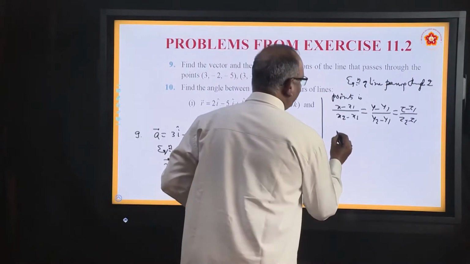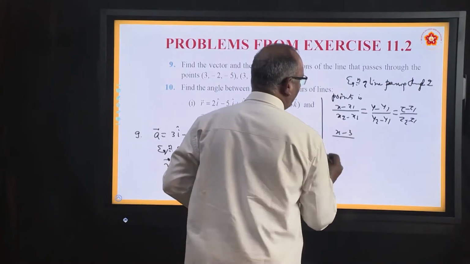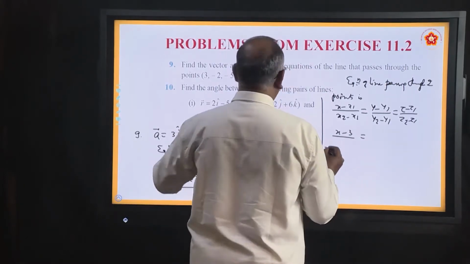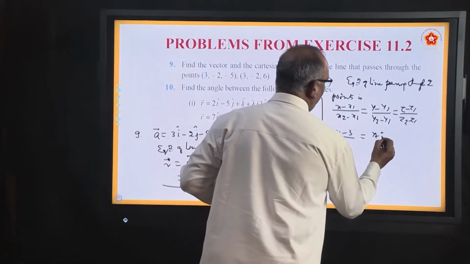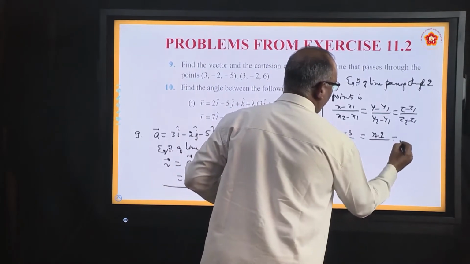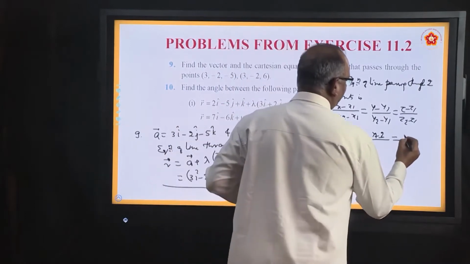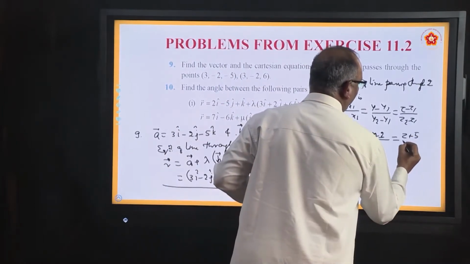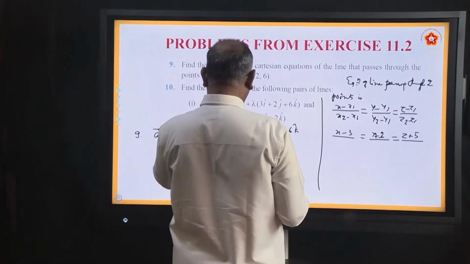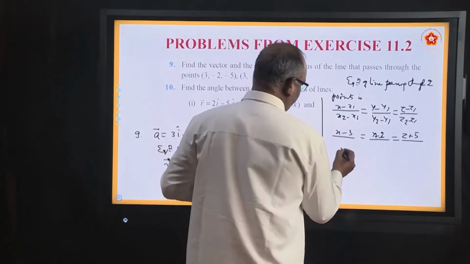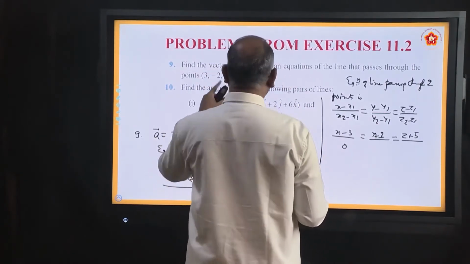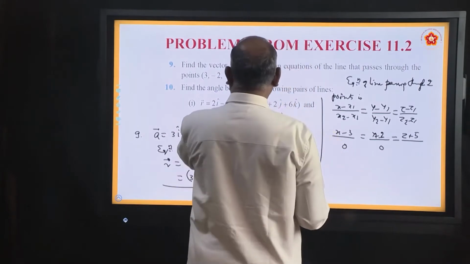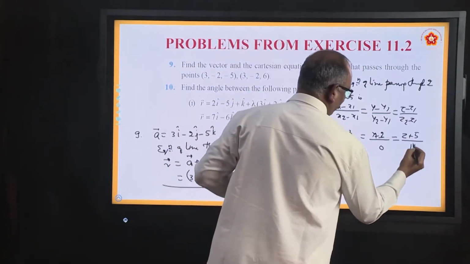x minus 3, y plus 2, z plus 5, divided by the same thing: 3 minus 3 is 0, minus 2 plus 2 is 0, and 6 plus 5 is 11.